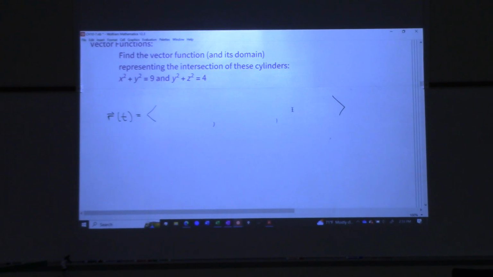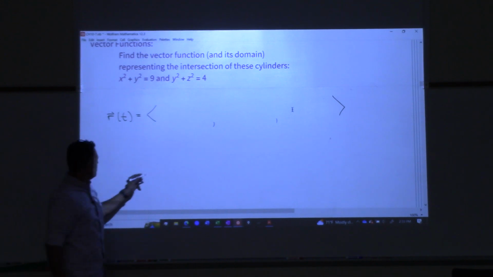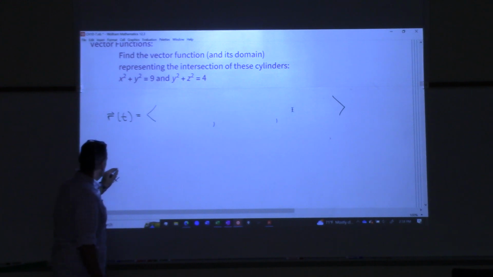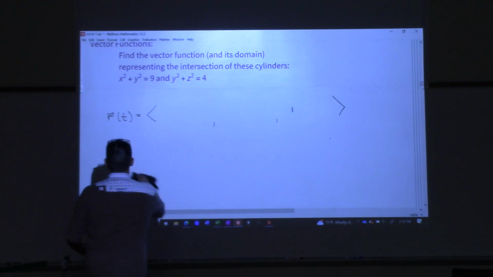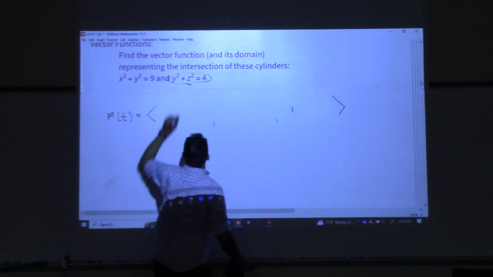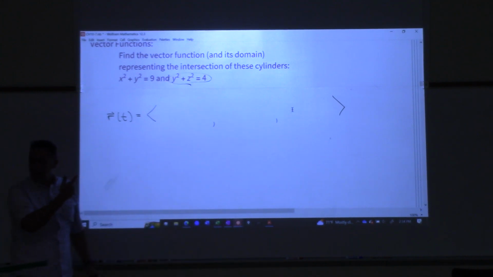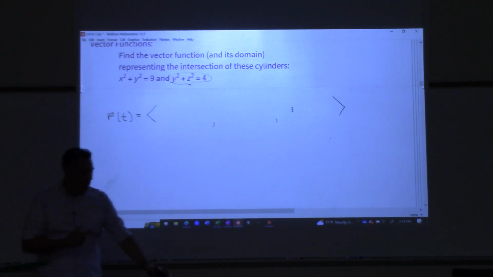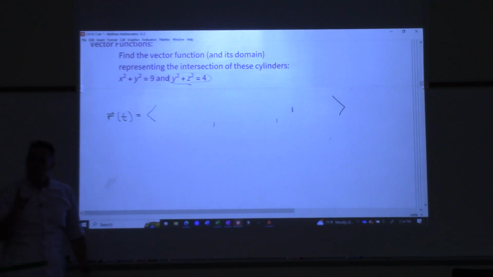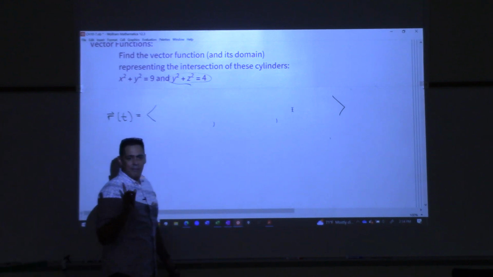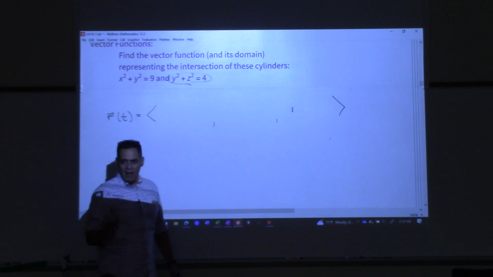How? You have to use a vector function. Don't give me this equation. I agree, that will draw me a circle in the yz plane of radius 2, but it has to be a vector function. So how do you draw the vector function that draws that? We just talked about it. That would be cosine t, sine t. Almost. One more thing. 2 cosine t, 2 sine t.